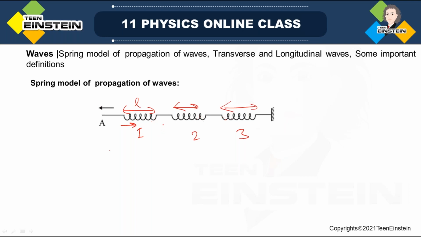Now suppose you stretch it and then suddenly leave it. Suppose you apply a certain force F, so it will get stretched, this also will get stretched, and this will get stretched. Now if you suddenly withdraw this force, what will happen?